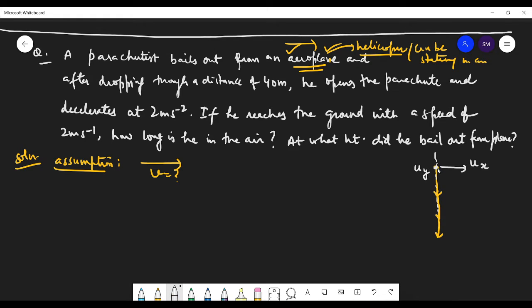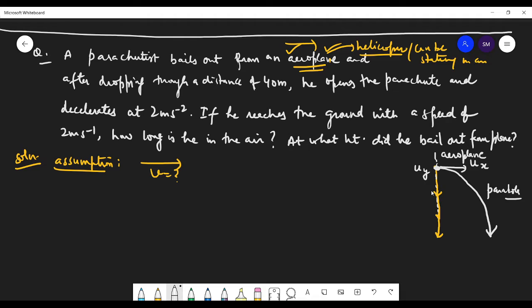But if it is from the aeroplane, this will be the trajectory. So the trajectory will be different. If the aeroplane is moving in this direction, then the motion will be this, and this is the parabola that you were talking about.